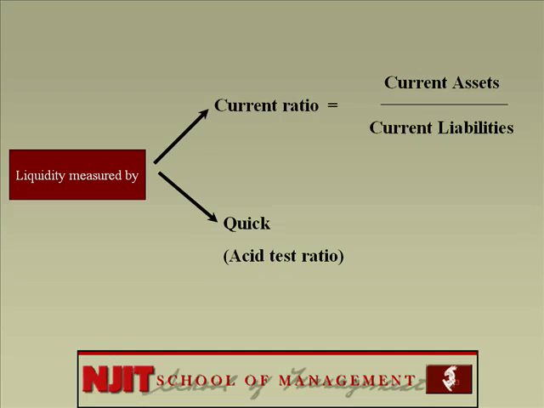Guess what a company has a tendency to do if their current ratio is low? Don't get shocked. Company accountants tend to cheat or manipulate. They manipulate so the current ratio looks healthy. How can they do that?